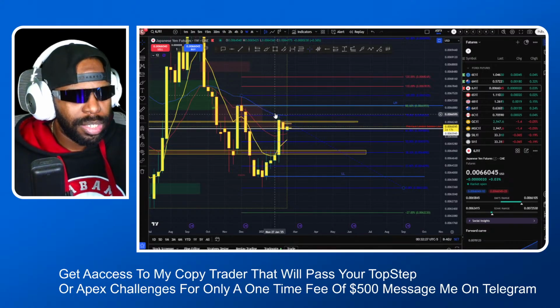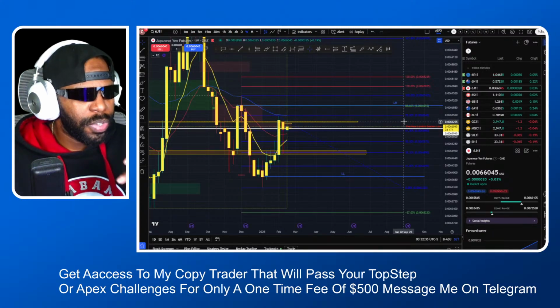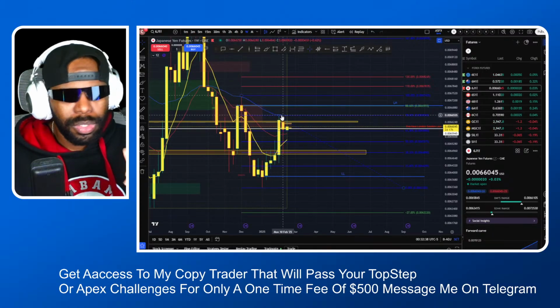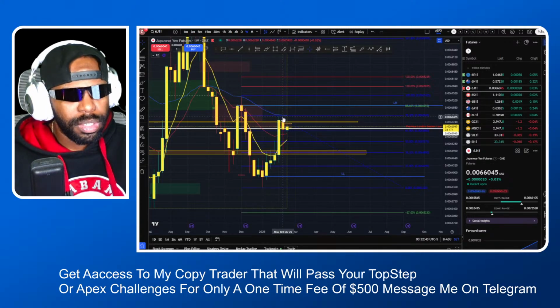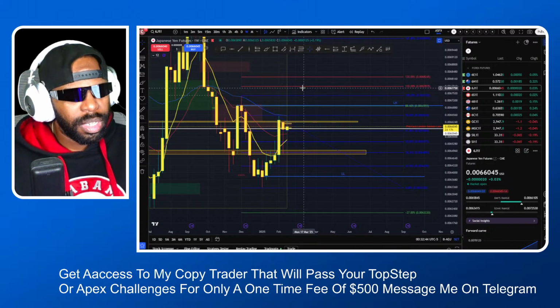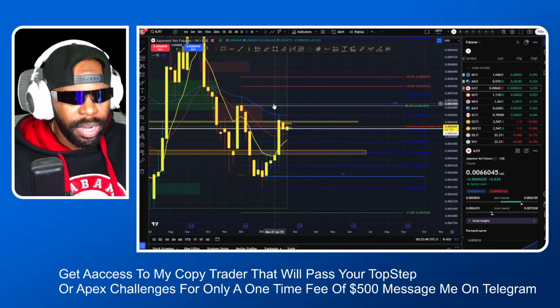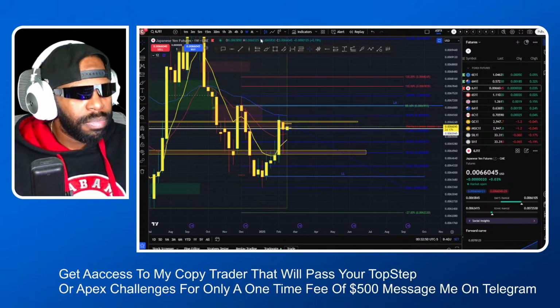So we got a rejection on the 50 moving average, and then we also got a rejection off of the 78.6 Fibonacci retracement level. So that's what I call confluence, when you have more than one thing coming together. Since we are creating lower highs and lower lows, we should be looking for sales.